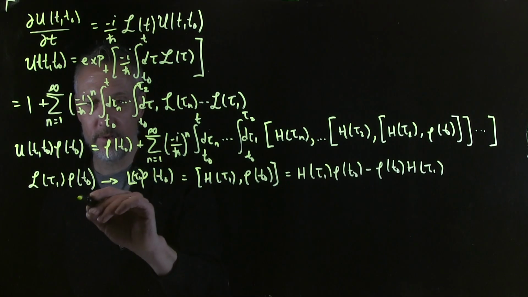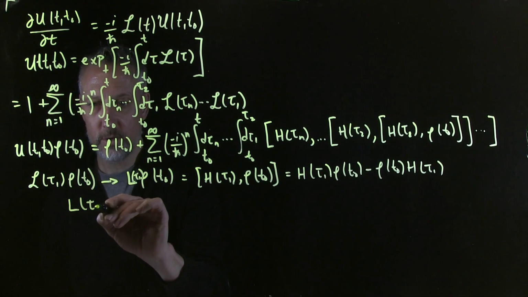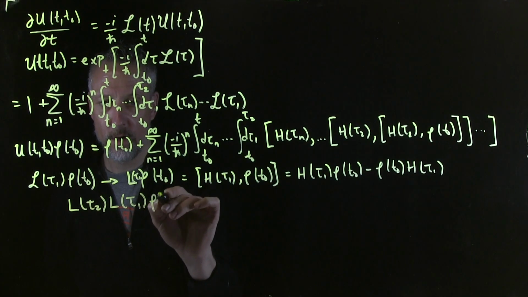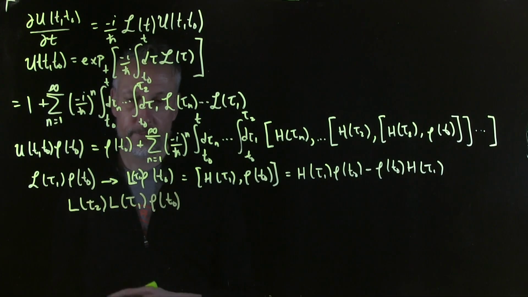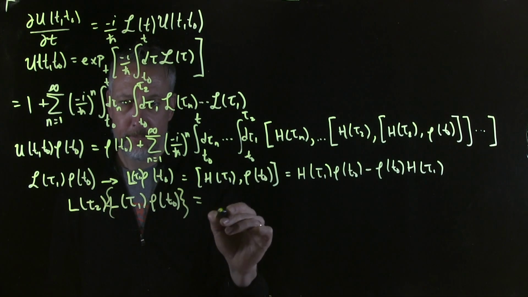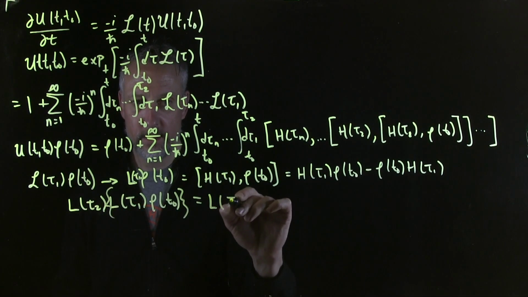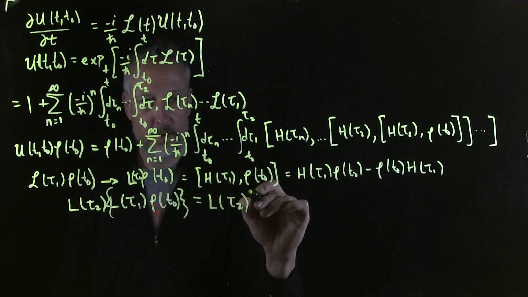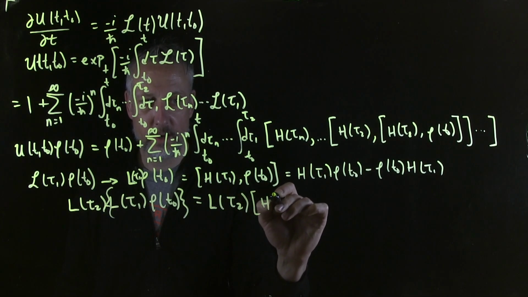Now let's look at what happens when we do L of tau 2, L of tau 1, rho of t naught. Well, we just did this piece a second ago. So now what we have is L of tau 2 on this whole thing, which is this commutator, which we don't need to write out again.